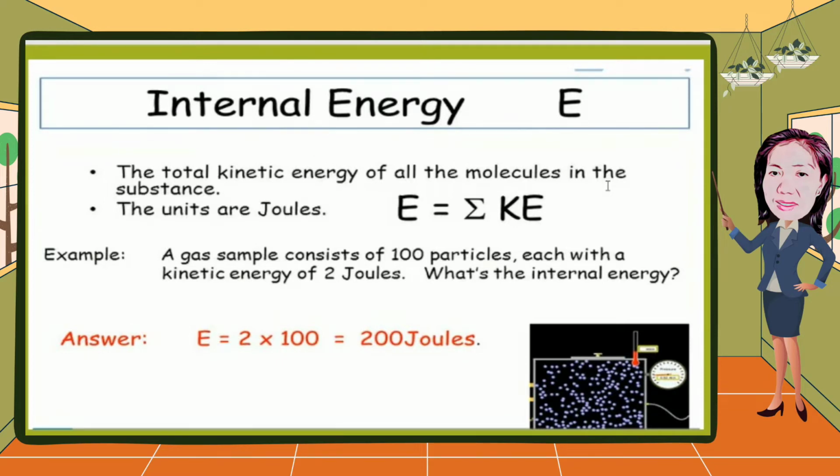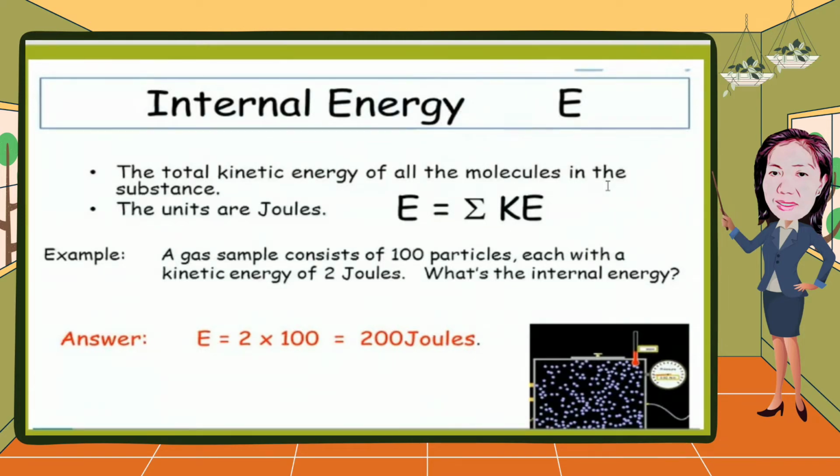So 2 times 100, the answer is 200 joules. Meaning, 200 joules is the total kinetic energy of all particles in the substance. That's the E, or internal energy.